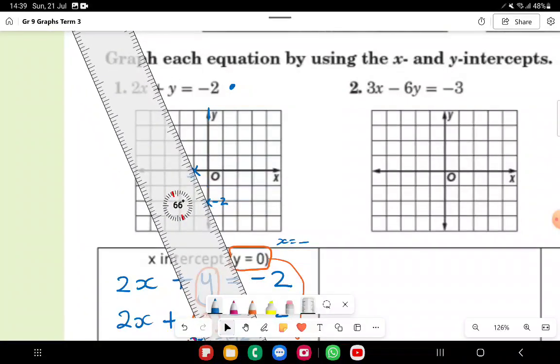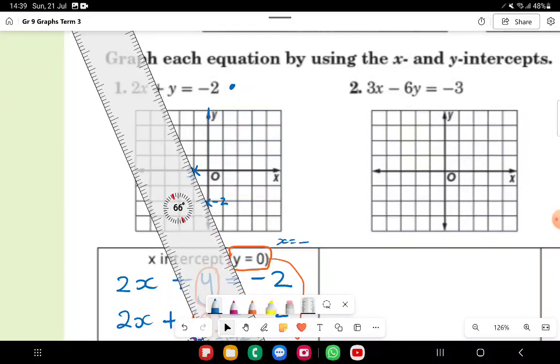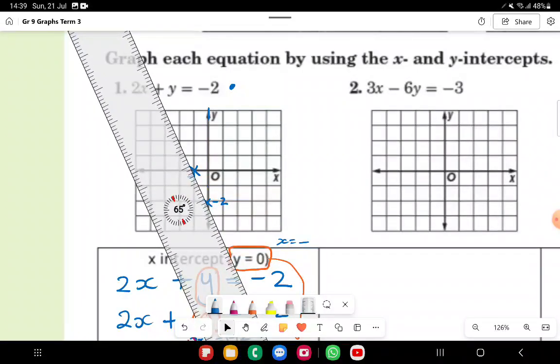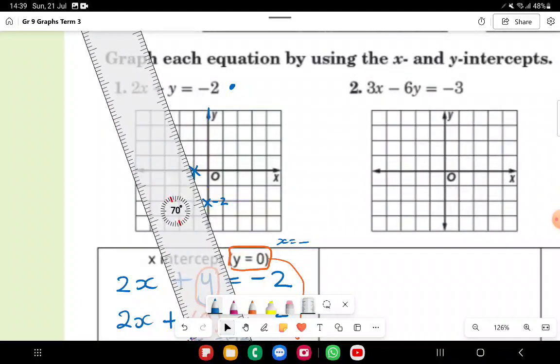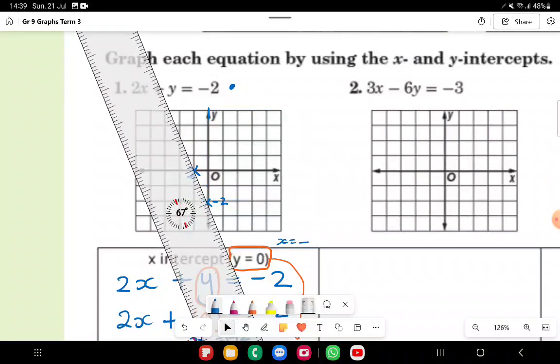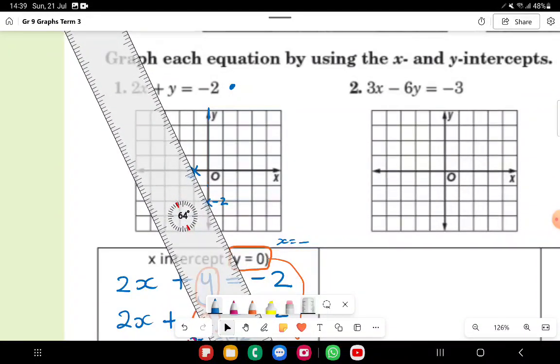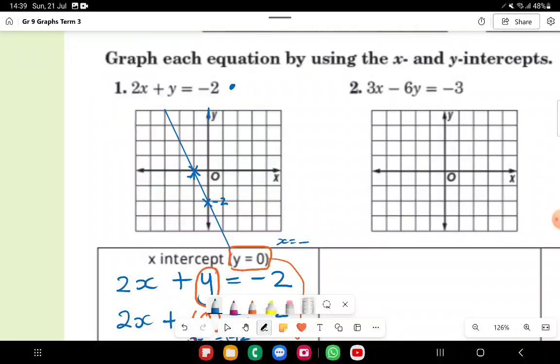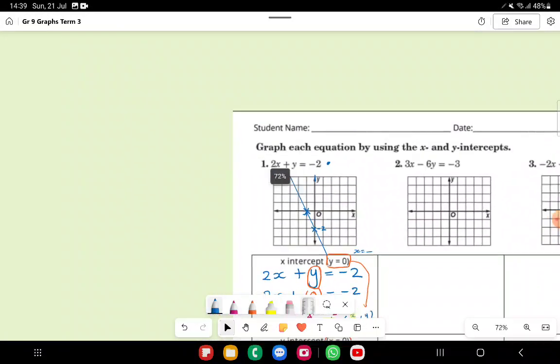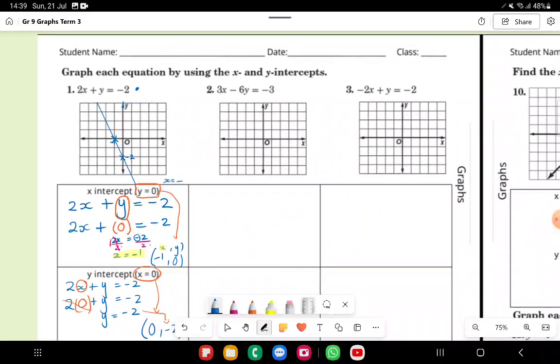Today I'm struggling with the ruler. That is my line.